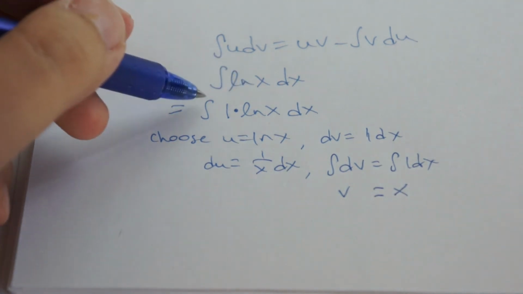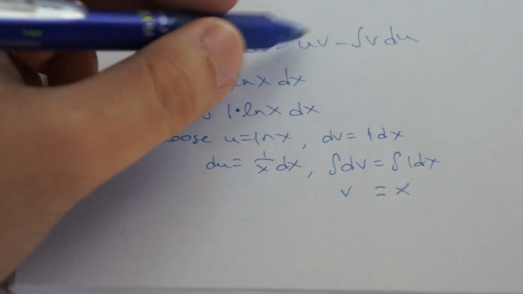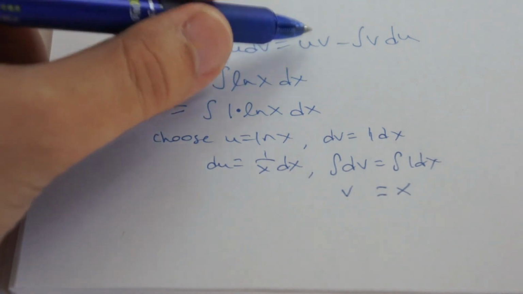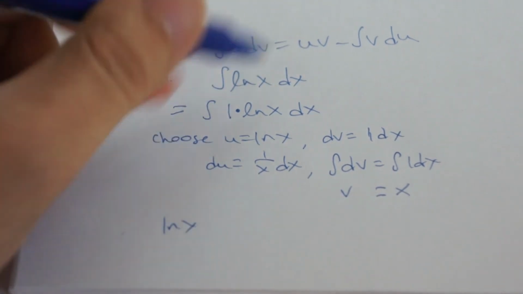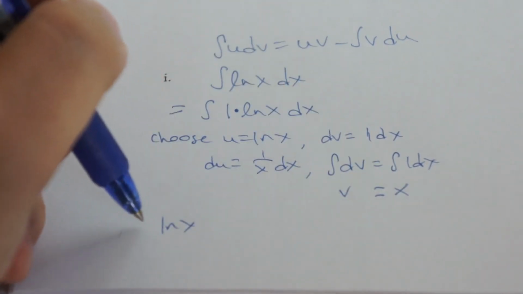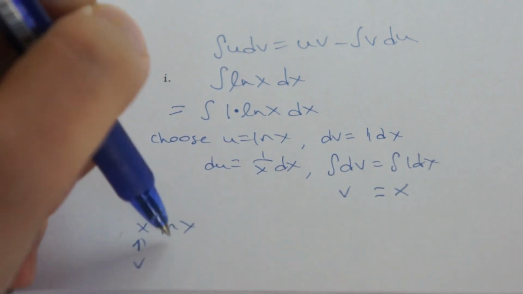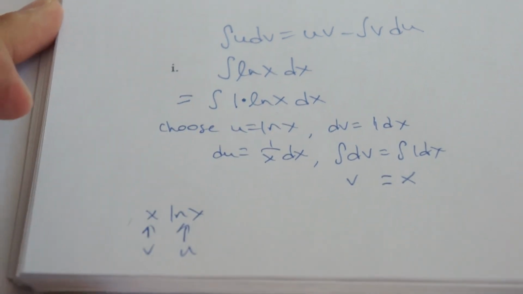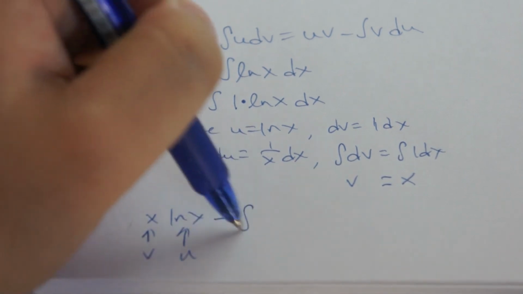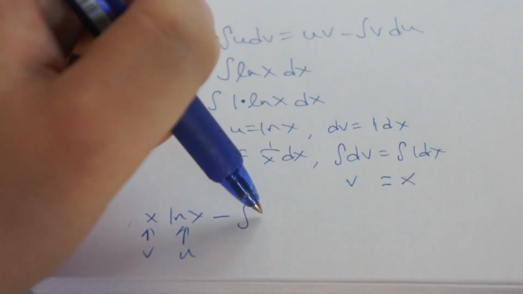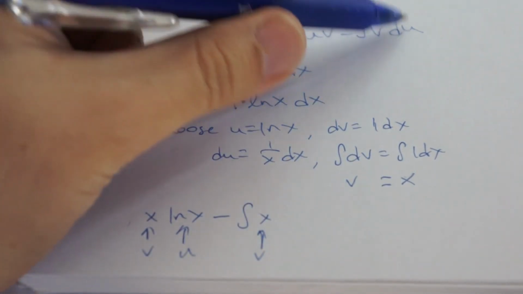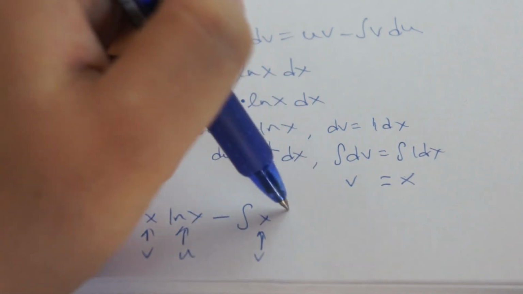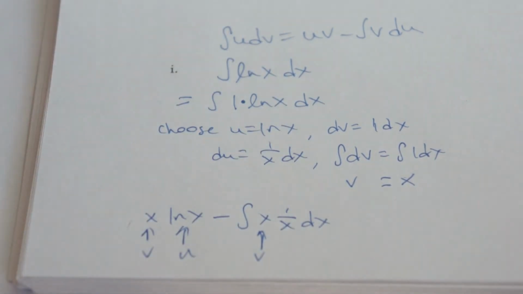Okay, and then the next is you are going to do the substitution. u is ln x, v is x, so this one is v, and this one is u. And then minus integral of v, which is x, while du should be 1 over x times dx.